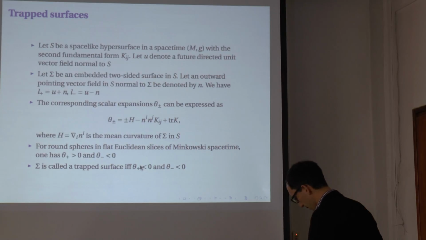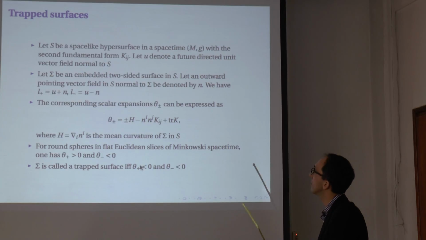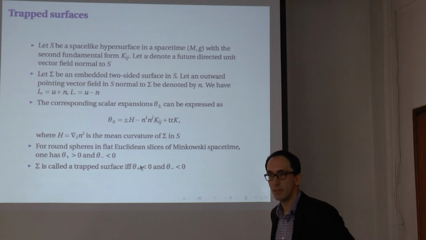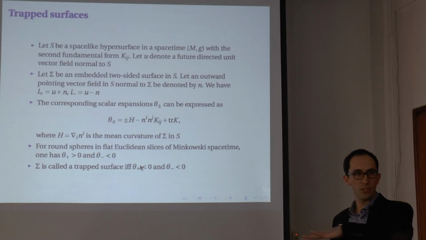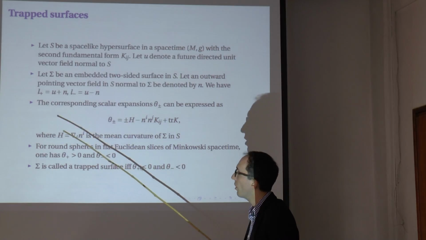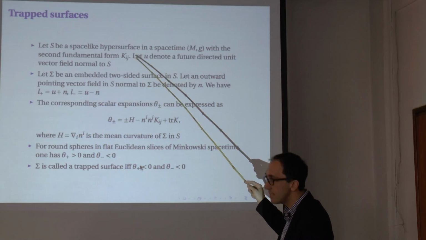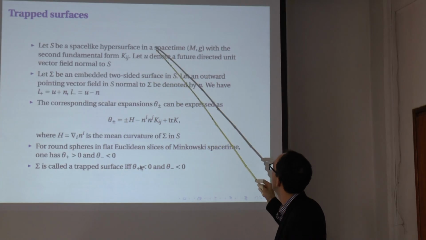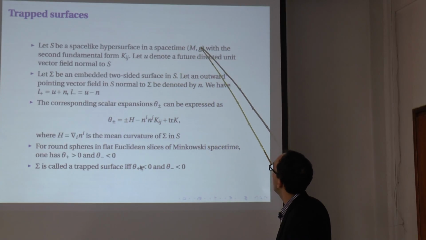Now, in mathematical general relativity, it's customary to think of some initial data approach, and then what you consider normally is a space-like hypersurface in the space-time (M, g).